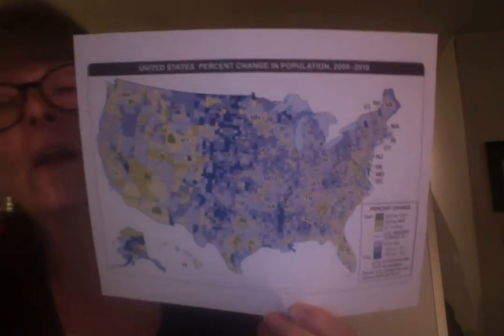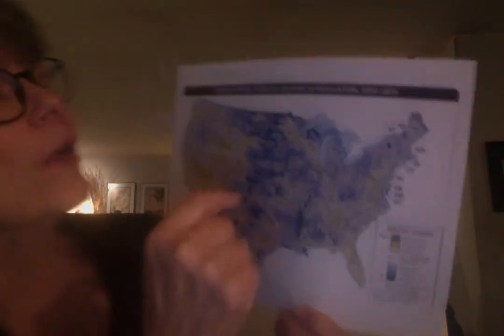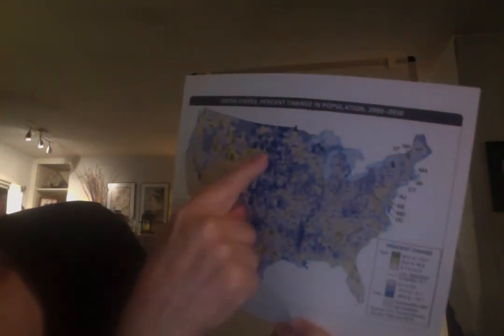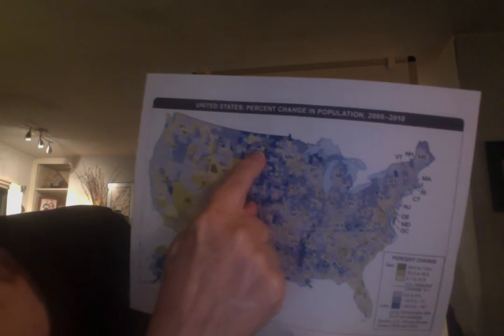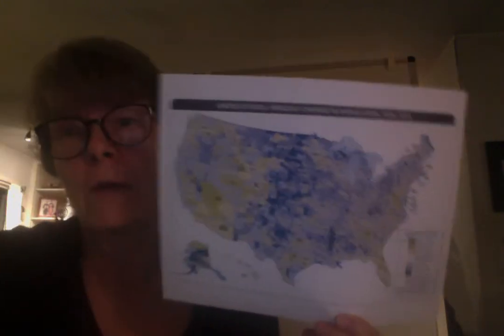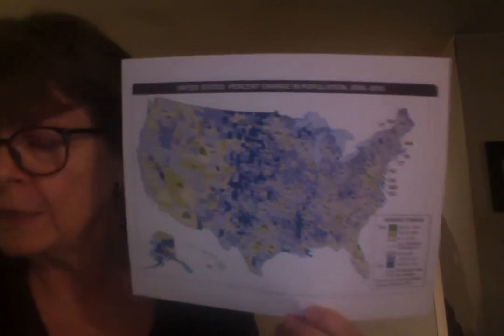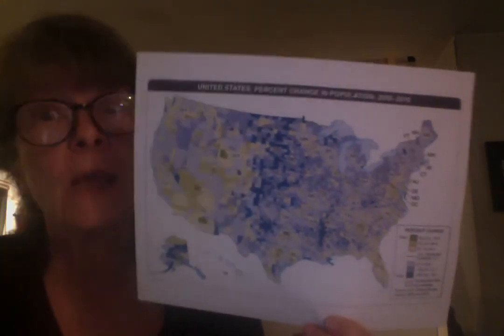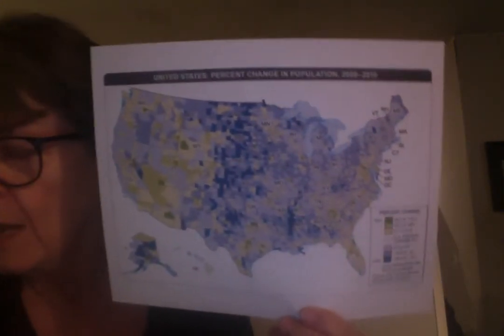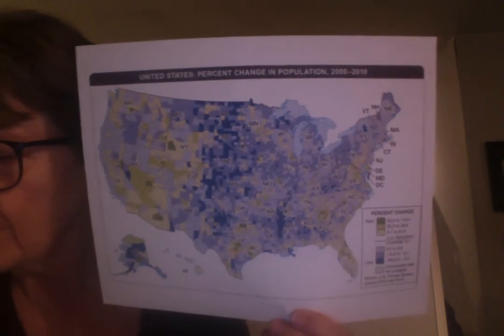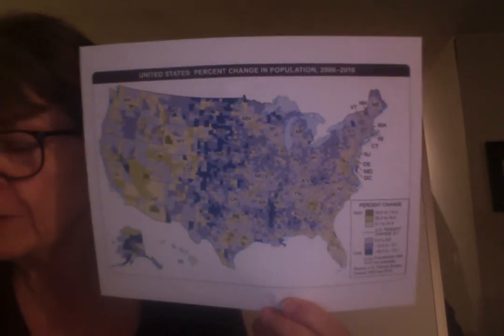The fourth state on here says North Dakota. We have to know where North Dakota is. So it's up here. And there's a lot of dark blue up there. So we know just by looking for where the most dark blue is that the answer here needs to be A, North Dakota.